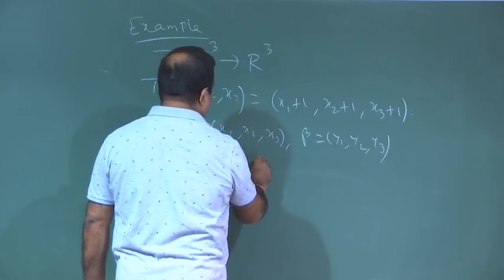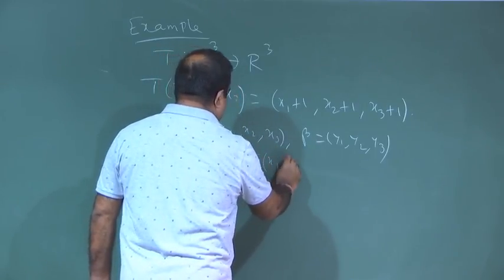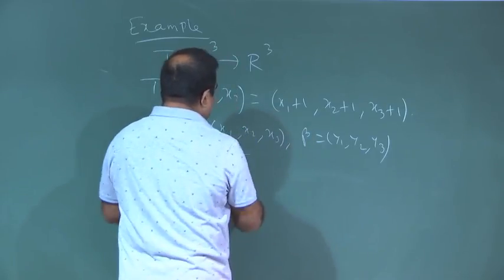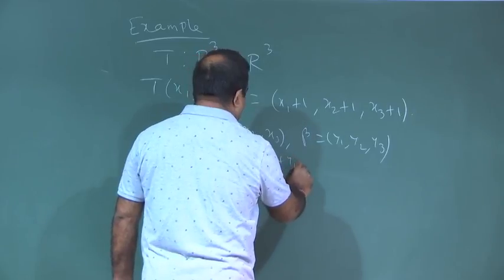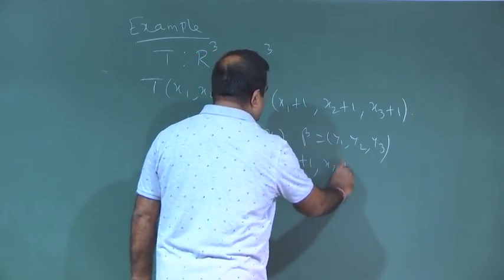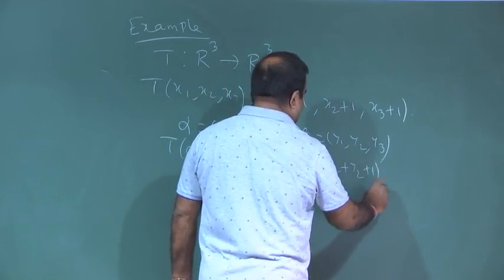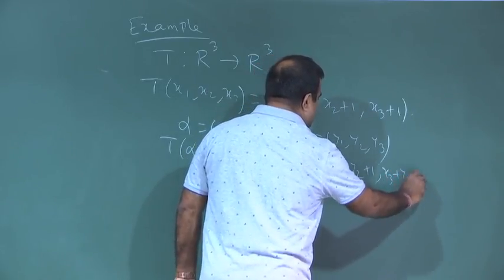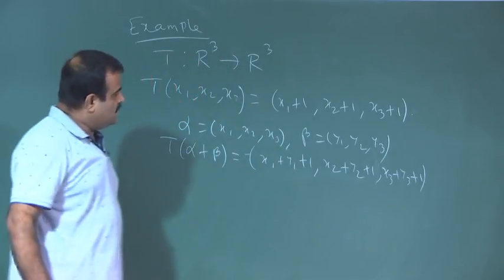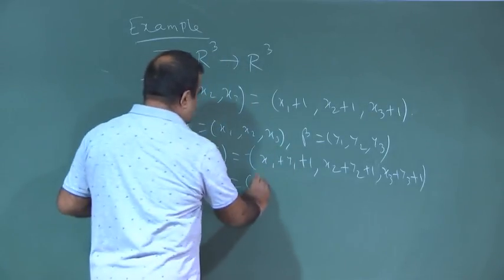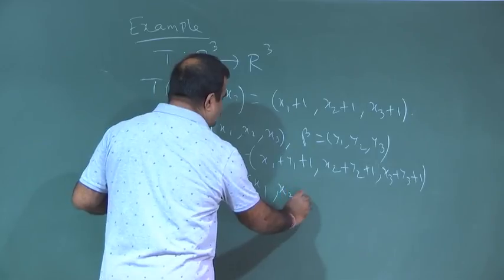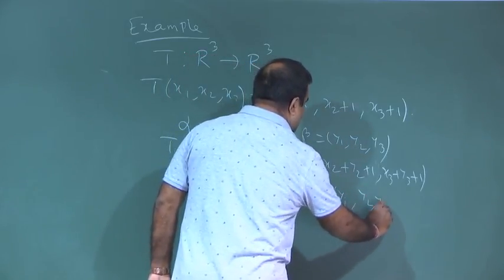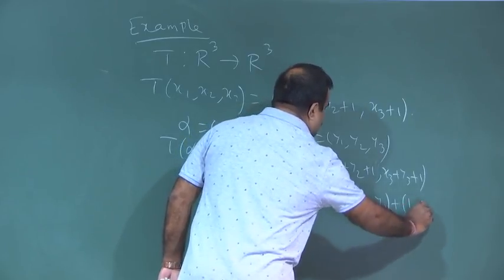T of alpha plus beta is T of x1 plus y1, x2 plus y2, x3 plus y3, which is x1 plus y1 plus 1, x2 plus y2 plus 1, comma, x3 plus y3 plus 1. This is equal to x1, x2, x3 plus y1, y2, y3 plus 1, 1, 1.